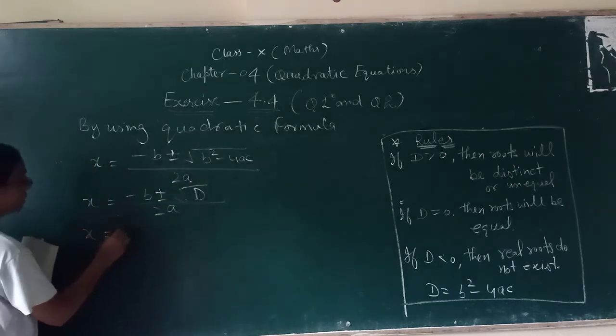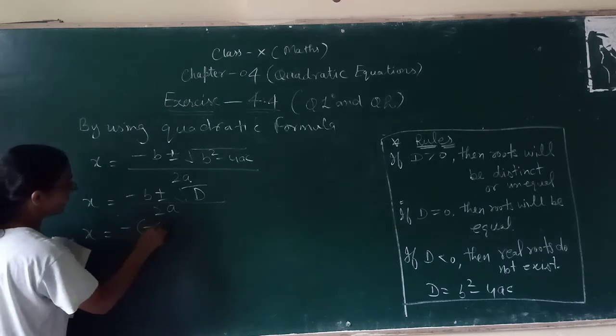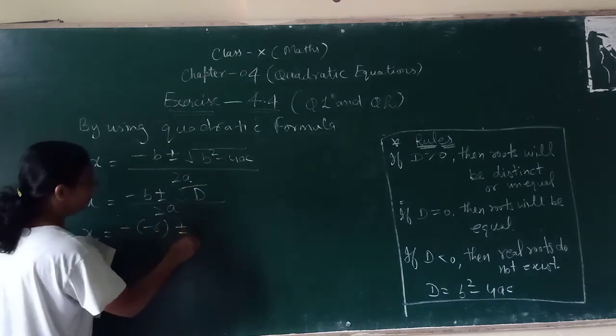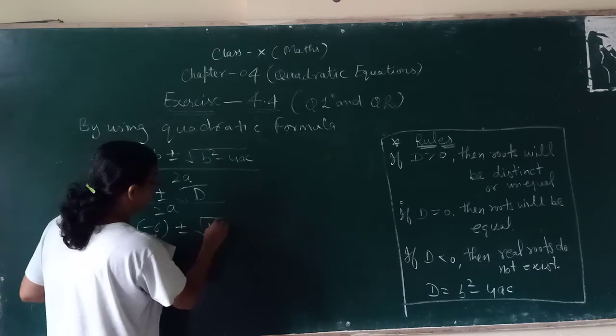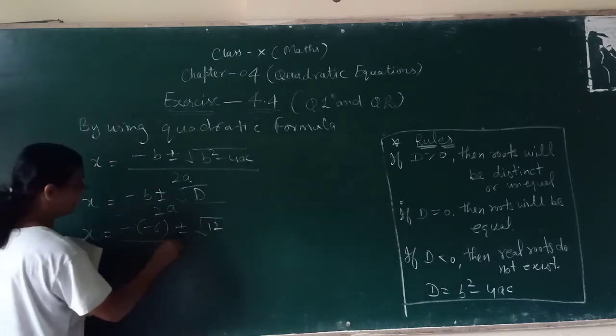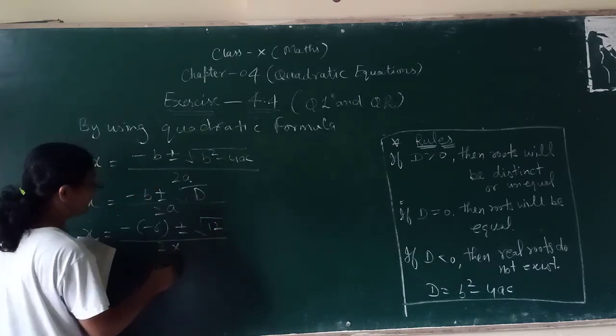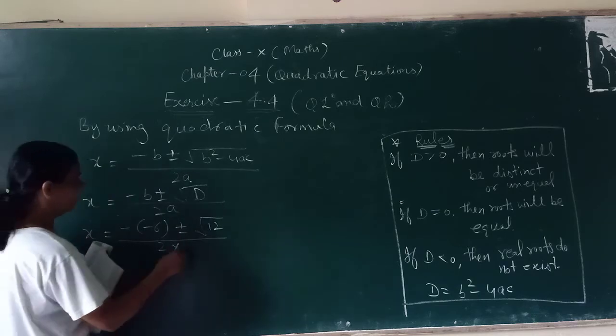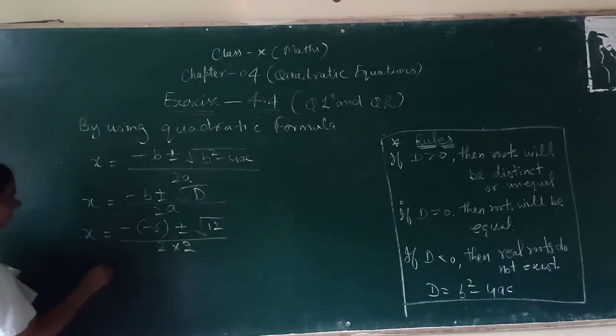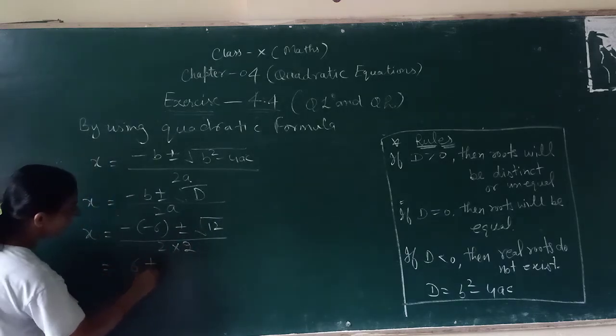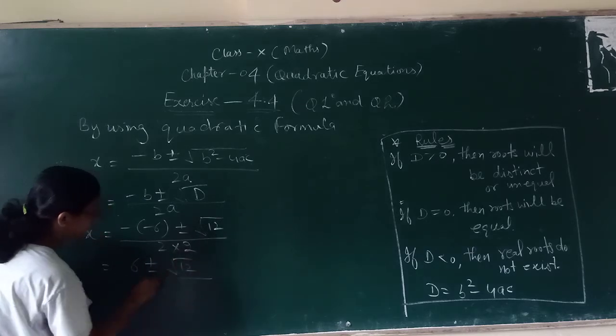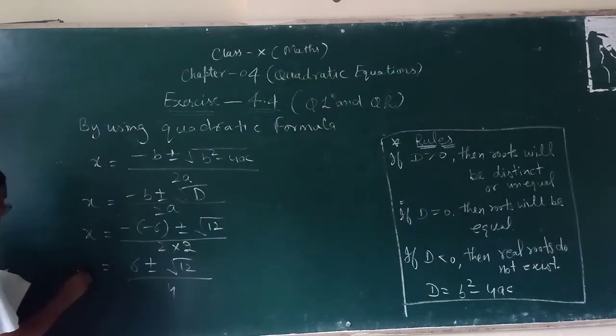Then x is equal to, b's value was minus 6, so minus of minus 6, plus minus root of D, which we got as 12, over 2a. What is a? a was 2. So this will become 6 plus minus root 12 over 4.